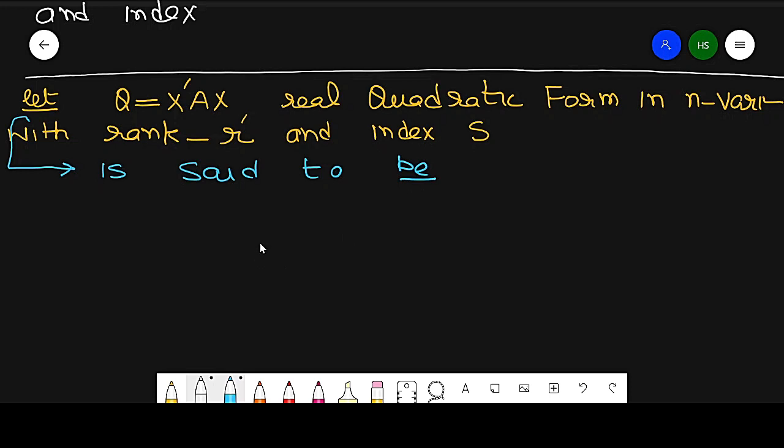Number one, this form is said to be positive definite. First step, positive definite.